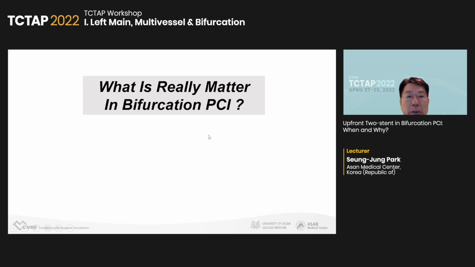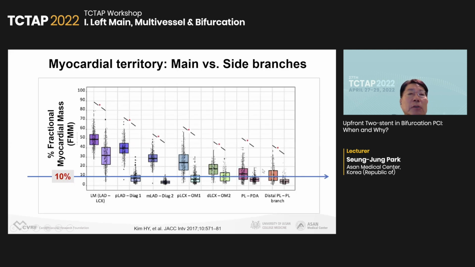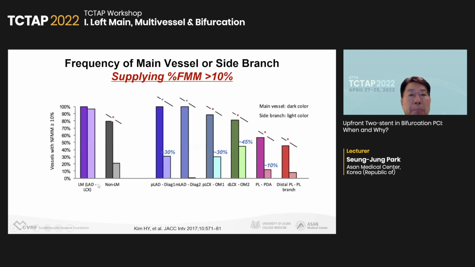However, real-world PCI is in almost all cases a smaller ischemic burden than you expected. So what really matters, what is really the problem in bifurcation PCI? I think that is the small ischemic burden over the side branch. Look at the myocardial territory, the percent fractional myocardial mass, if you separate at 10%. LAD, circumflex, any diagonal 1, 2, OM branch of the circumflex, PL, and PDA branch, all side branches are less than 10% fractional myocardial mass.